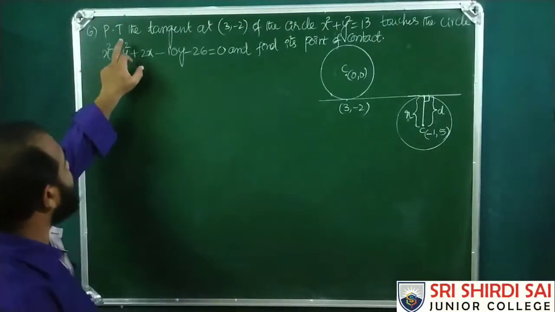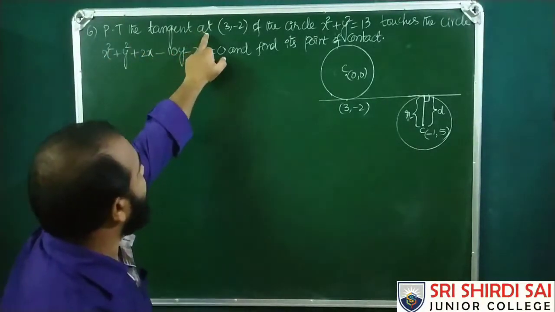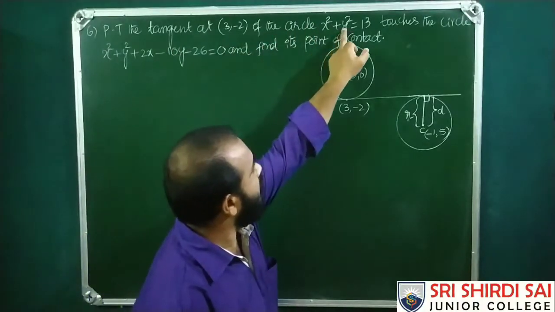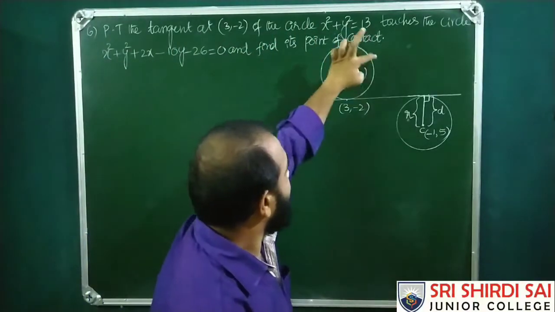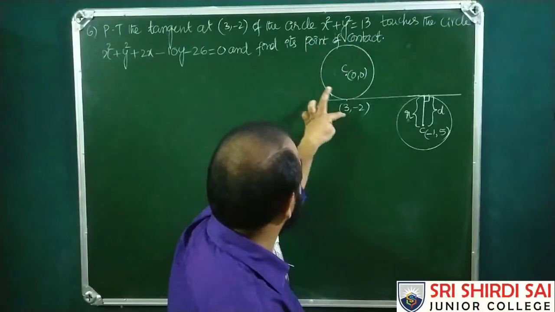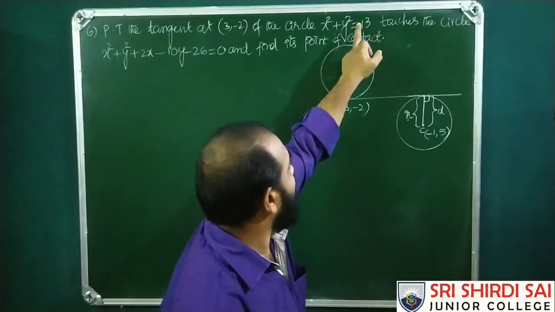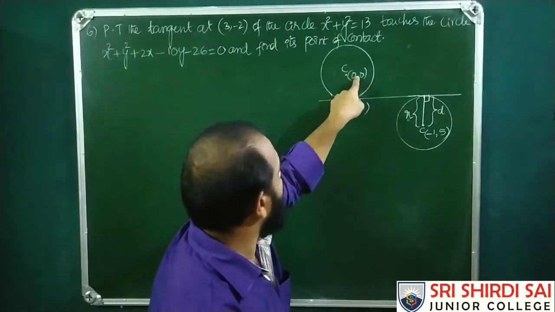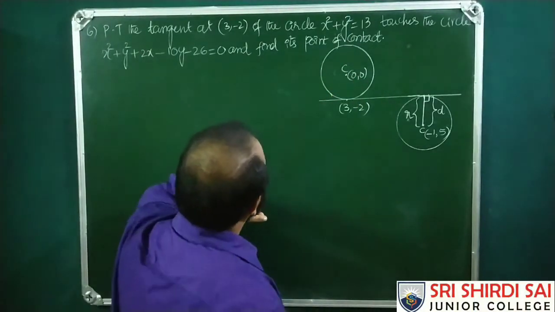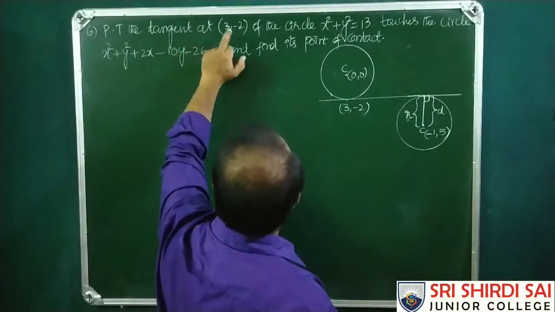The question is, prove that the tangent at 3 comma minus 2 of the circle x square plus y square equals 13 touches another circle. So let us suppose that this is the circle x square plus y square equals 13. The center of this circle is 0 0, the origin, and the tangent at 3 comma minus 2.